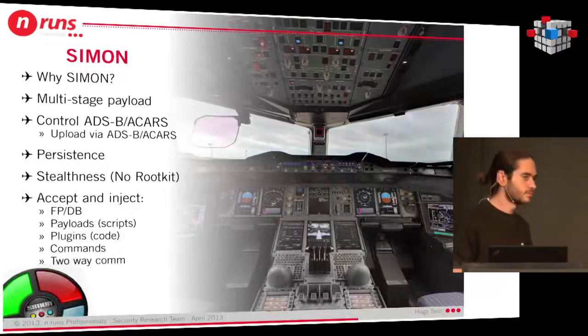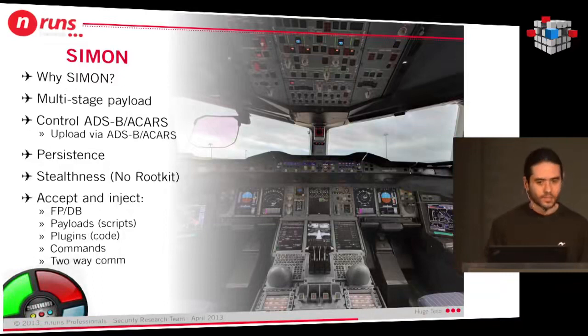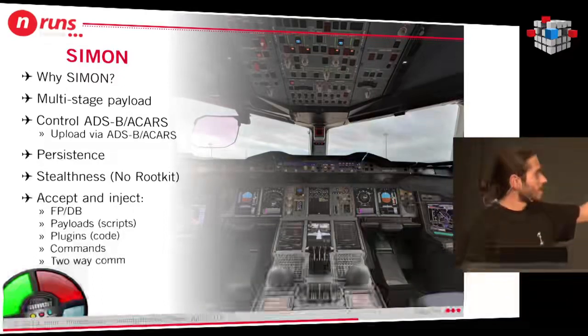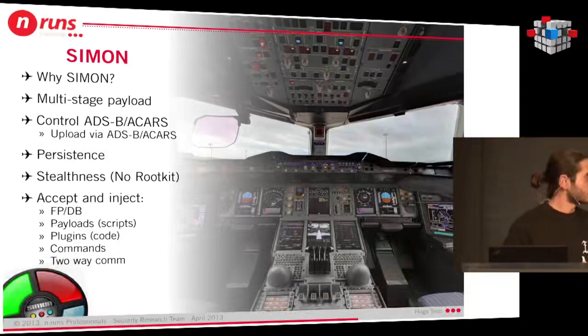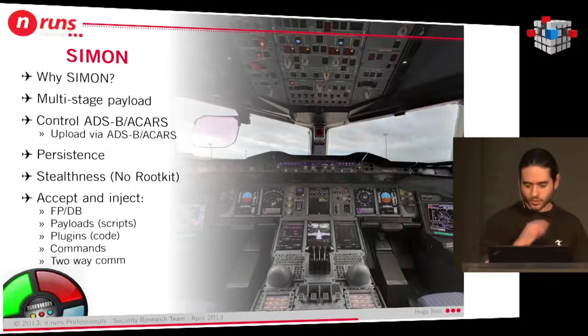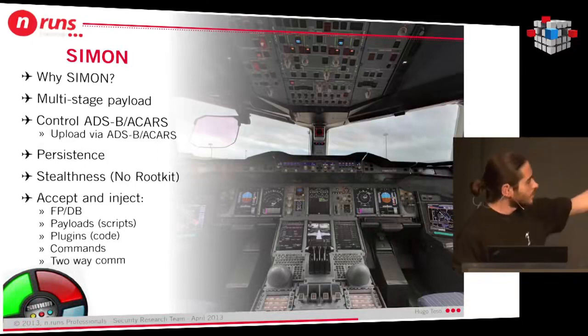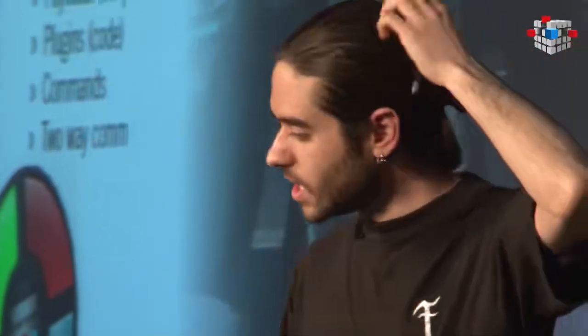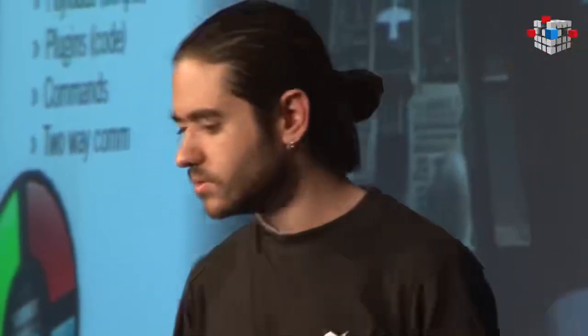Stealthiness, we don't need to go into a rootkit, because as you can imagine and see over there on this cockpit, there is no way you can just try to list all the processes being run on the FMS. So as long as we don't show anything strange on the electronic flight displays, all those screens you can see here on the A380 cockpit, pilots won't care. So we don't need a rootkit just to be a little bit silent.